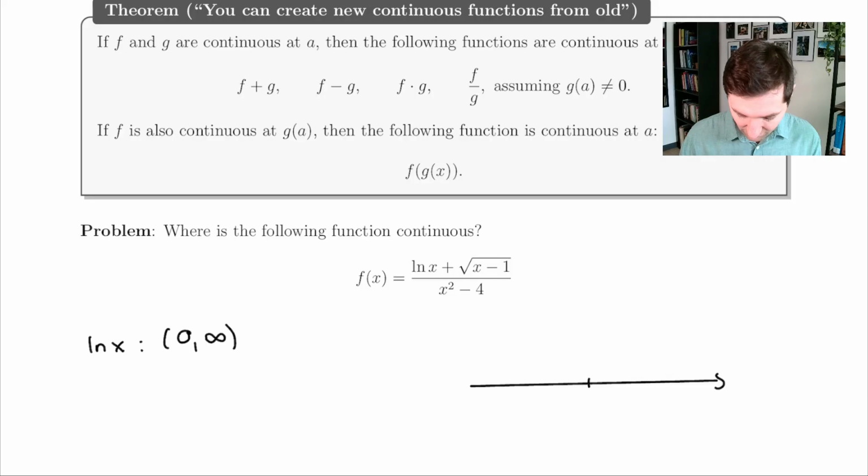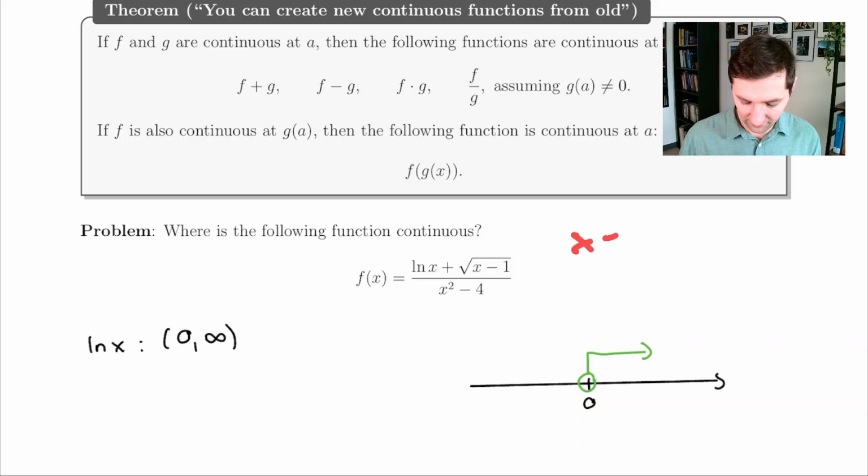I will now add x equal to 0 to it, and I know that for x bigger than 0, the function ln of x is continuous. The function square root of x minus 1 is defined and continuous as long as whatever is inside of the square root is bigger or equal to 0.